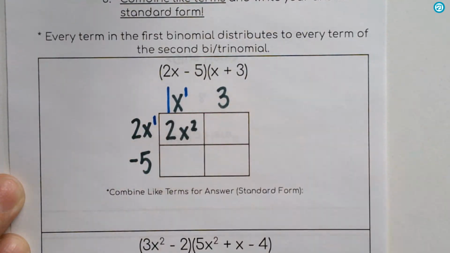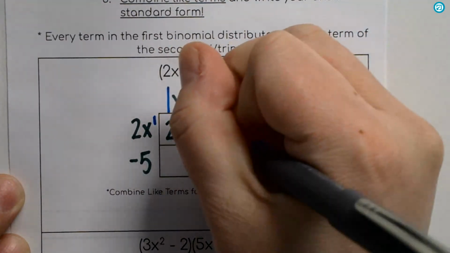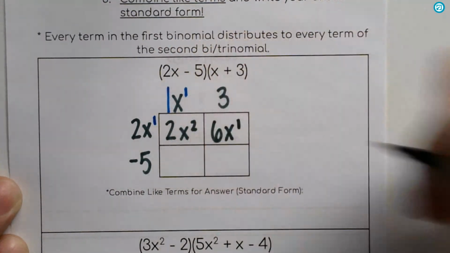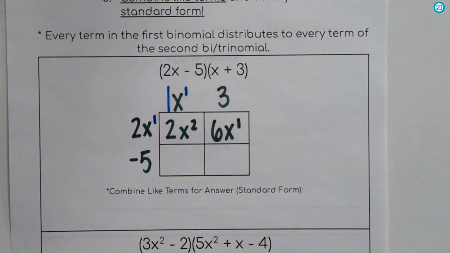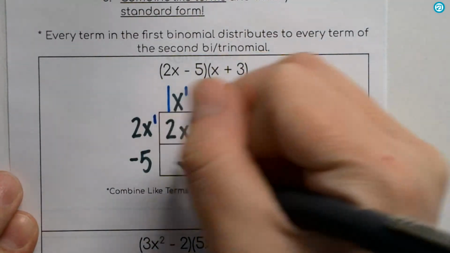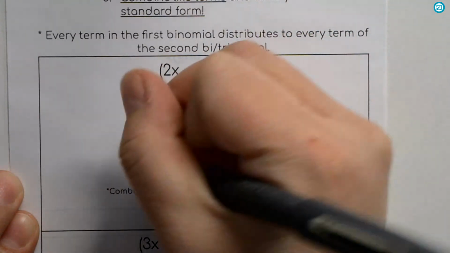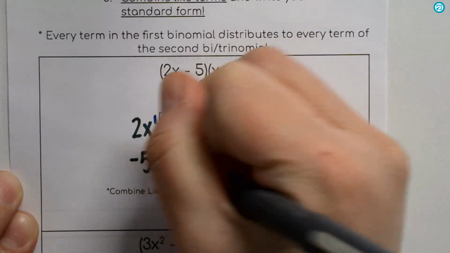2x to the first times 3. 2 times 3 is 6. And I've got my x to the first. Okay, negative 5 times 1x to the first is negative 5x to the first.